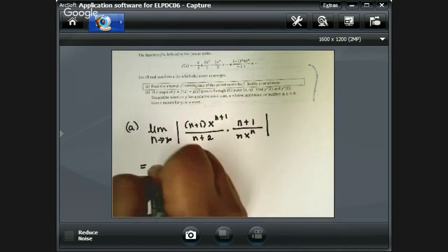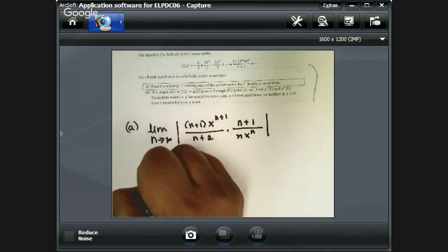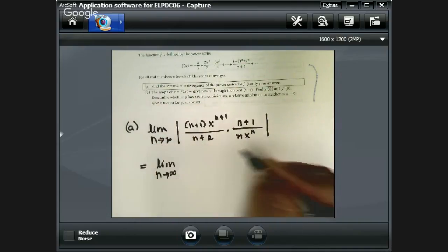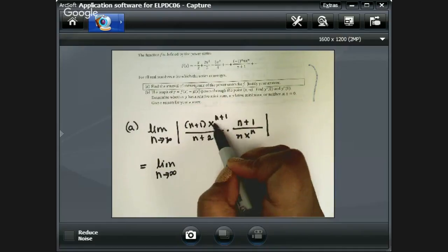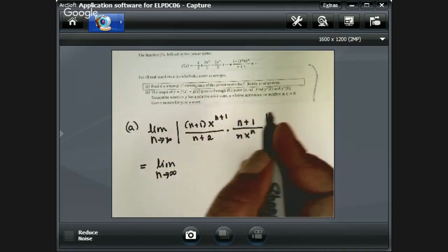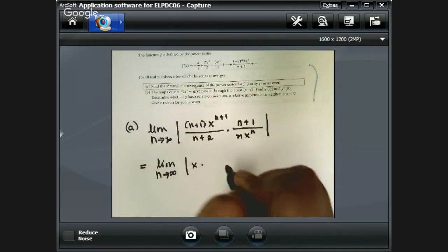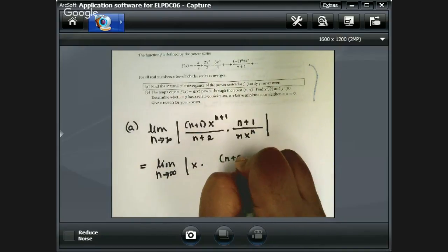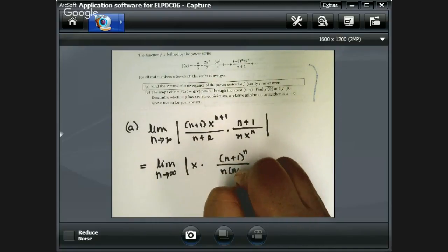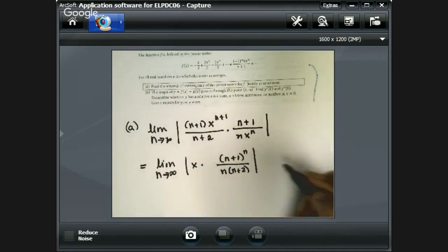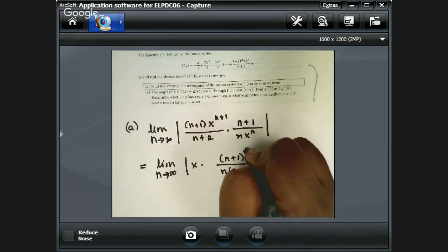This is going to be equal to the limit as n approaches infinity of, let's see, x to the n plus 1 divided by x to the n is simply x. And I have n plus 1 squared in the numerator and n times n plus 2 in the denominator of what's left over. That's a squared.